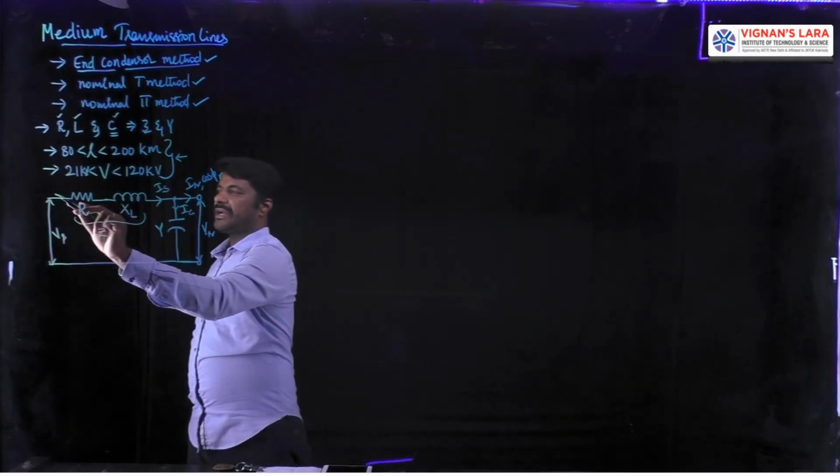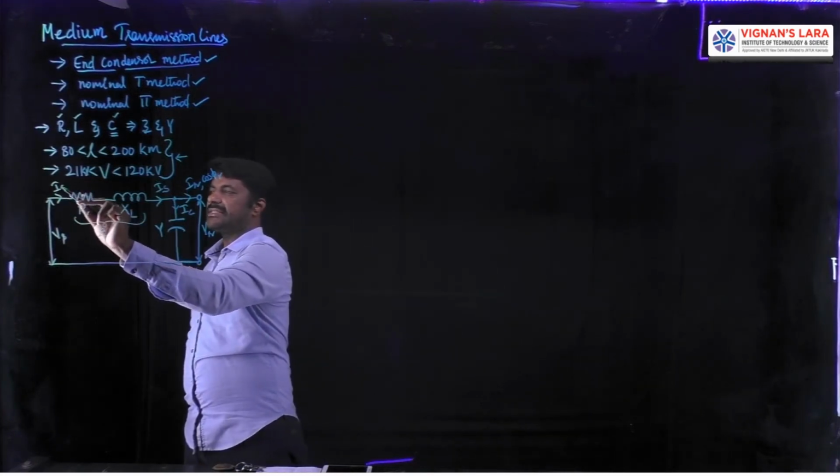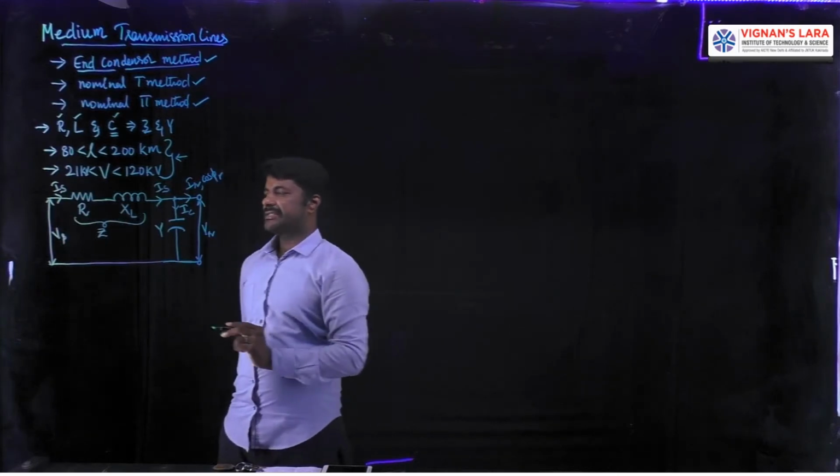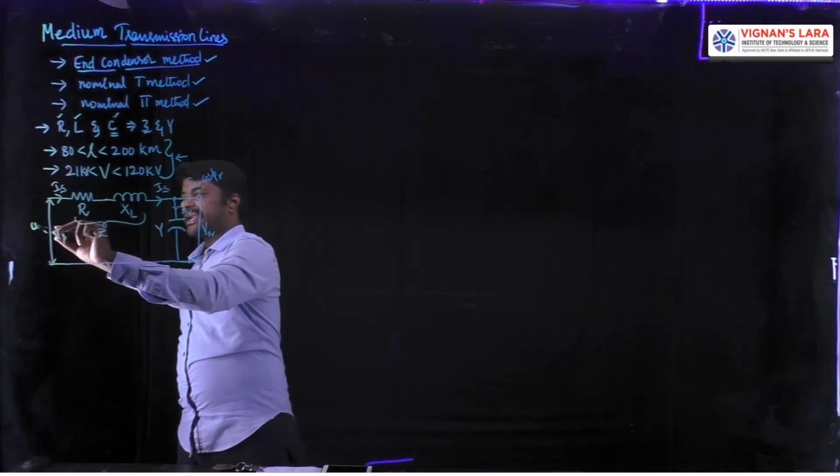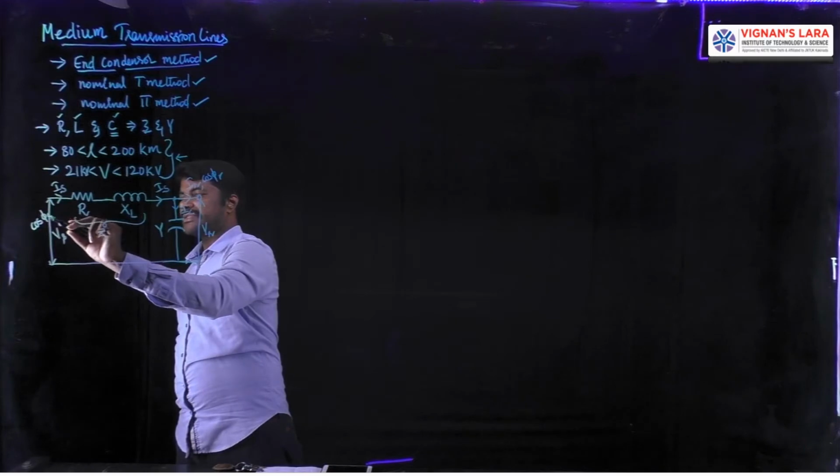And the current, already identified as the sending end current IS, has a power factor on the sending end side of cos phi s.